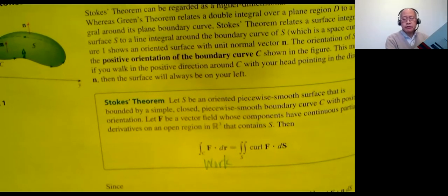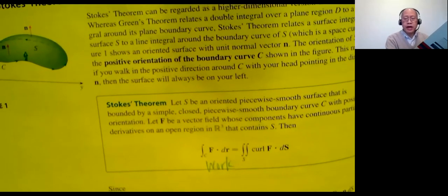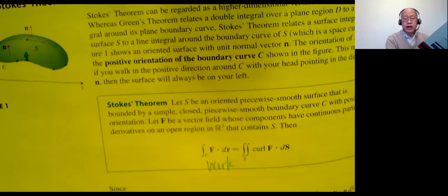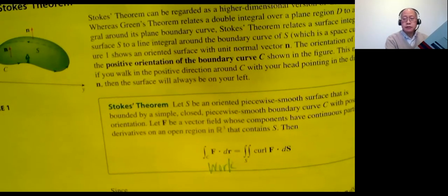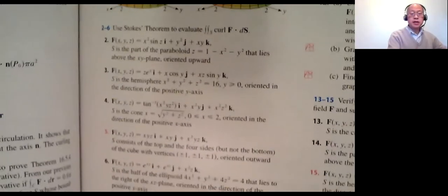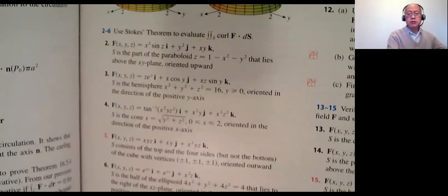And then after that, there's some problems that say use Stoke's theorem to evaluate the integral of f dot dr. It means do the right-hand side, double integral of curl f dot ds. Okay, so highlight this. We'll write 2 through 6, use Stoke's theorem to do blah, blah, blah.